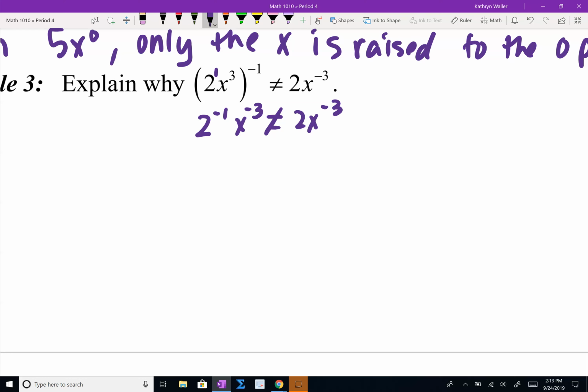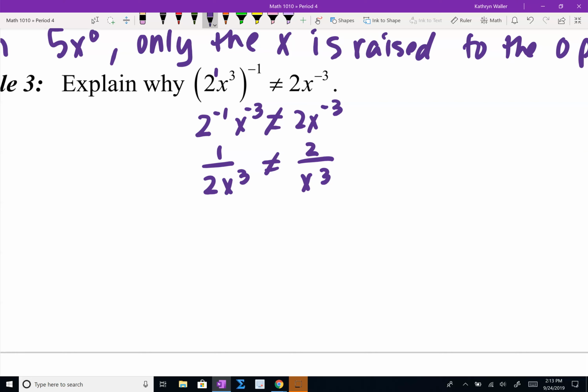Now I'm going to move my exponents. So I have 1 over 2 x to the third. So the 2 does come down because it has a negative exponent, whereas the 2 on the right doesn't have a negative exponent, and so it doesn't get moved down. Okay? So I would do it, and then I would write it.